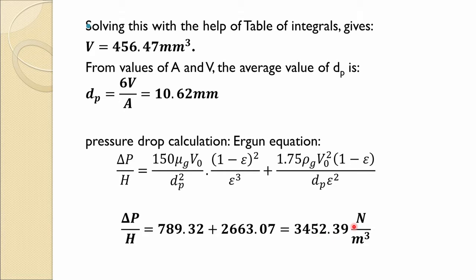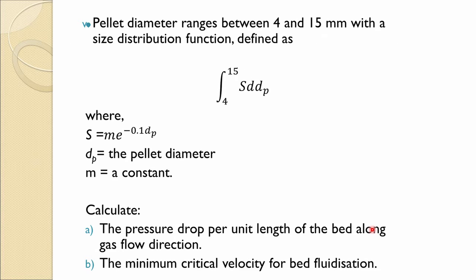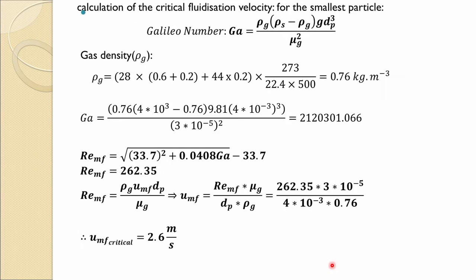3452 Newton per meter cube, and that is the pressure drop in the bed. So that gives the answer to the first question, pressure drop per unit length of the bed along the gas flow direction, and the minimum critical velocity of the bed fluidization. For the fluidization, as you know, first you have to find out the Galileo number, and that we have to check.